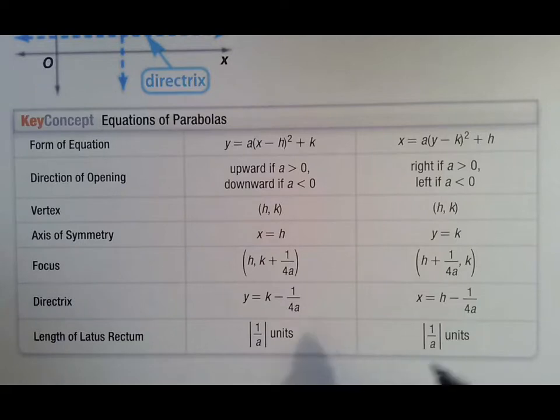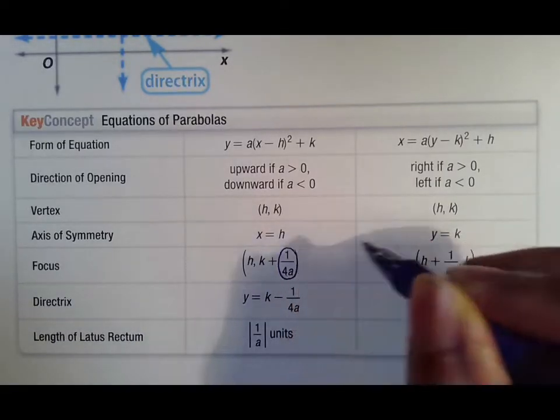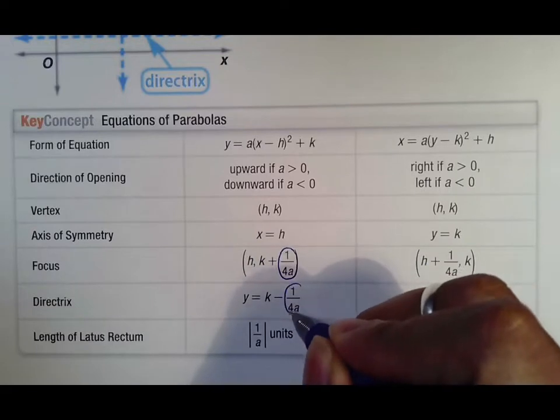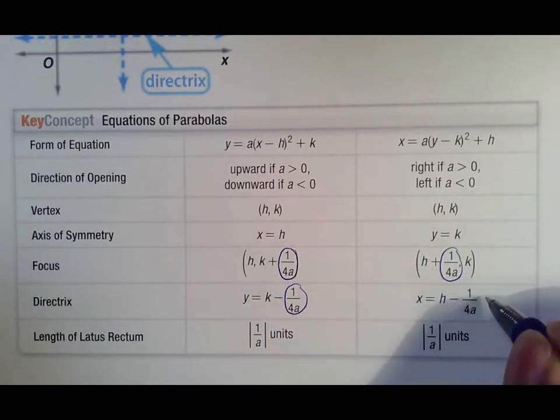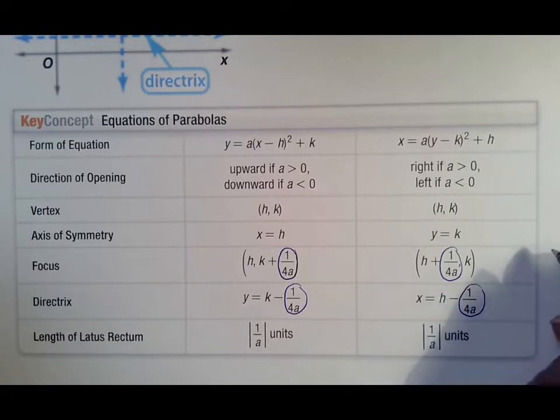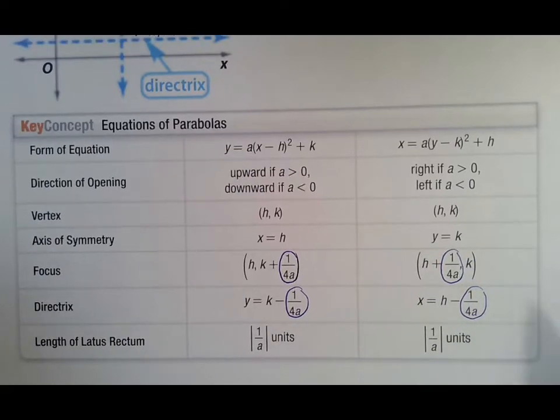So the key thing you need to memorize if you're going to memorize anything is the 1/4a, because that is going to give you the two things that we're looking for in terms of the focus and the directrix. Since we've already seen these things before, I'm not going to go too deep on everything else. But again, focus and directrix shouldn't be so bad.